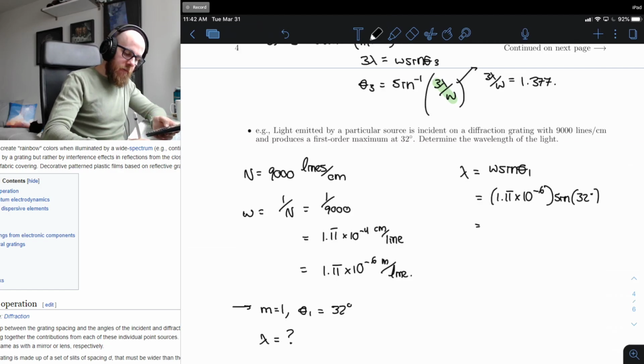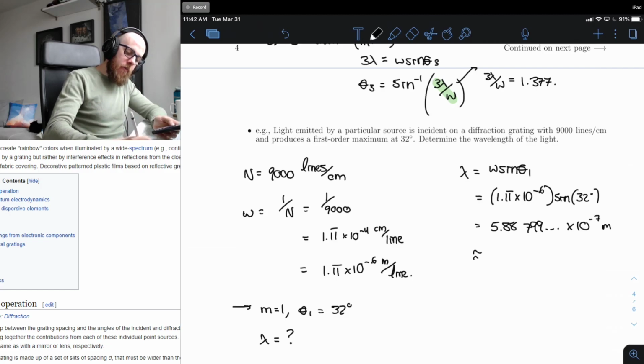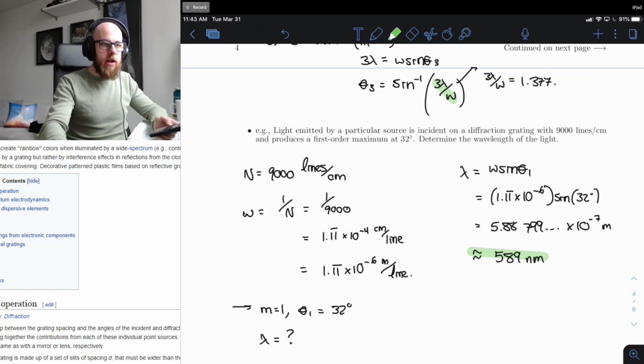And we get a value of 5.88799 times 10 to the -7 meters, which is 589 nanometers. And that is the wavelength of light that's incident on this diffraction grating.